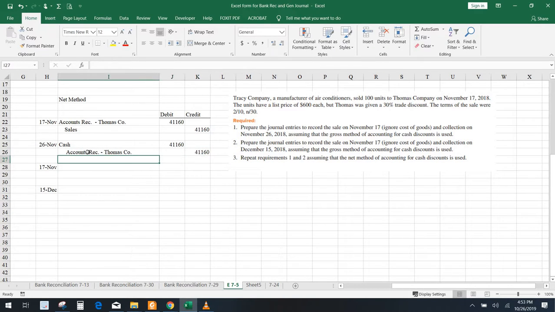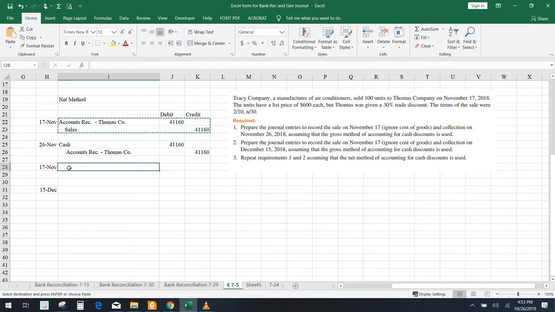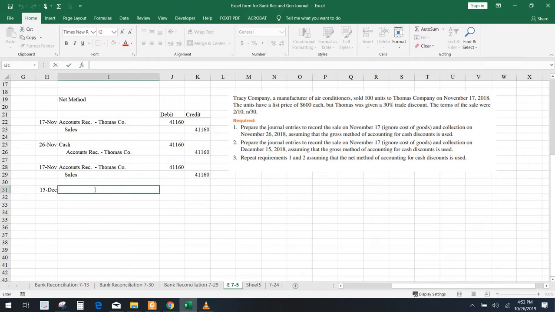All right. Now, in the second example, rather than receiving the discount as anticipated, they don't receive the discount. So this is the same. We still assume they get the discount, but they pay and they do not get the discount.